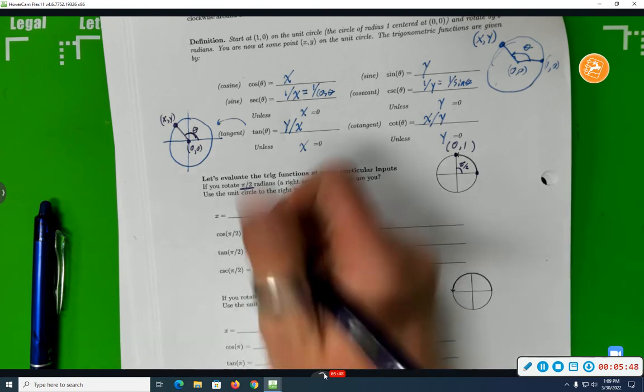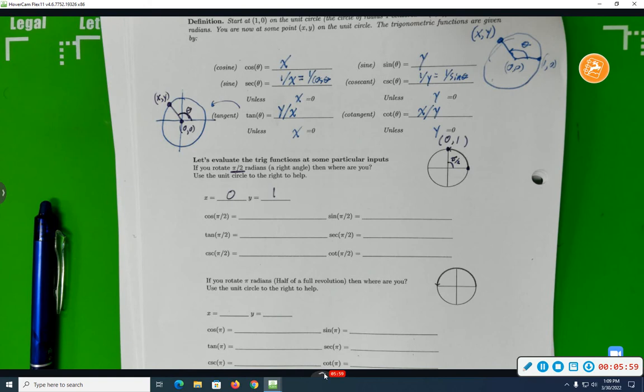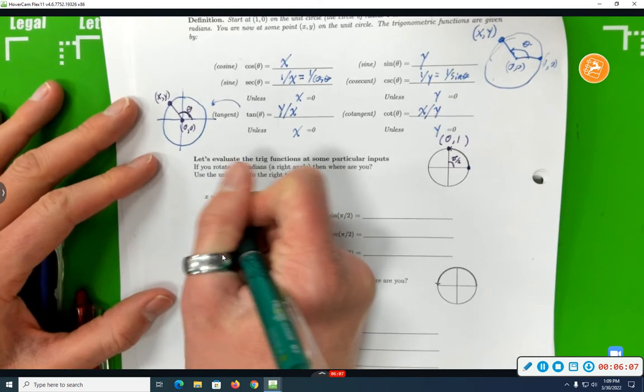So x equals 0, y equals 1. What's the cosine of pi over 2? 0, because it's the x-coordinate.